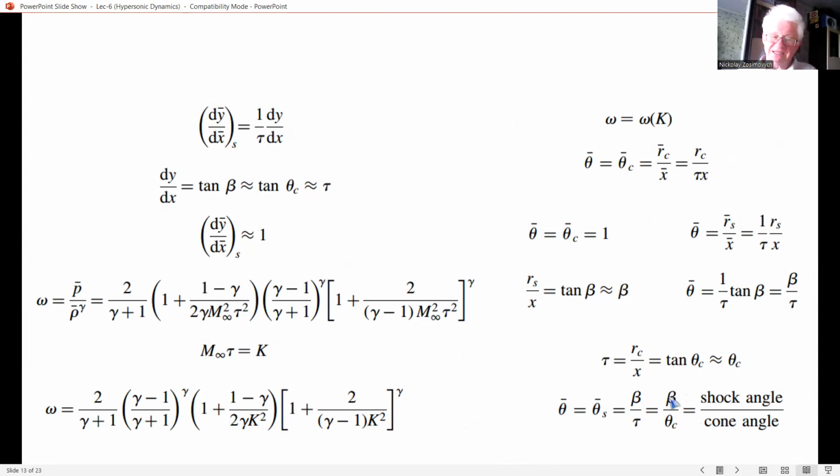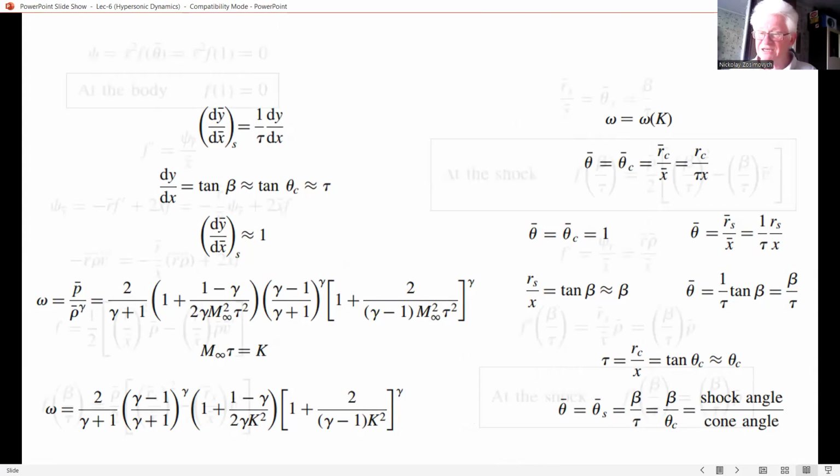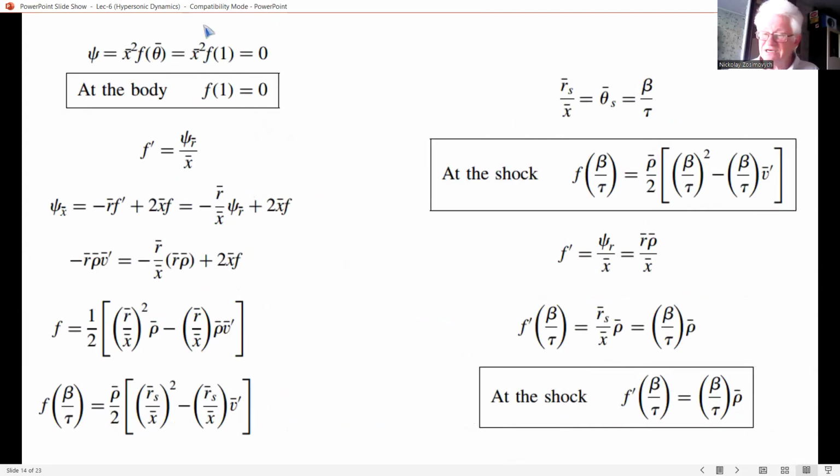Let's say that the boundary conditions for our equation are the known values of the function f at the surface and the function f and f prime at the shock wave, with beta over tau. And these values are known as follows. First of all, at the surface, we know by the definition of the stream function that psi equals 0.